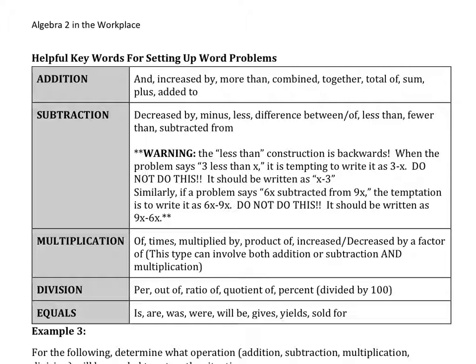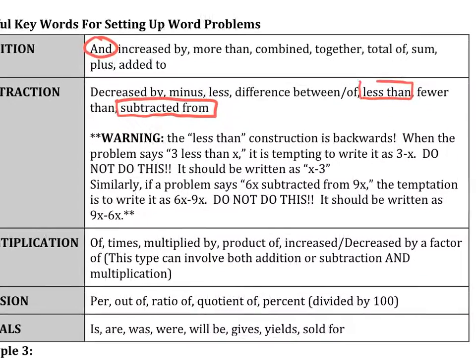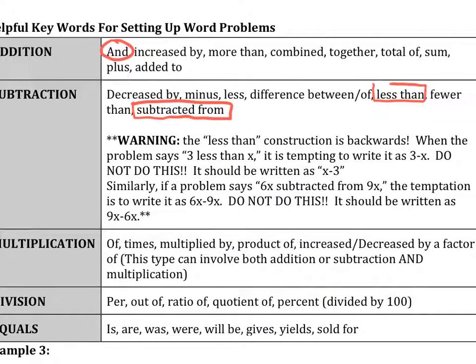So with addition, a popular one that you're going to see a lot is the word and. If you see the word and, that usually means things are being added together. A common one with subtraction is less than or subtracted from. However, with these, it's a little backwards from what you would think.